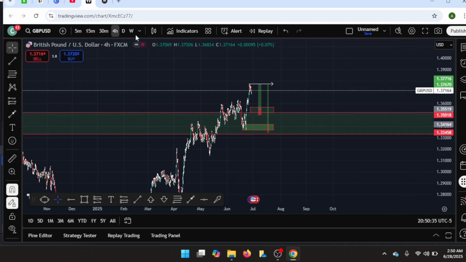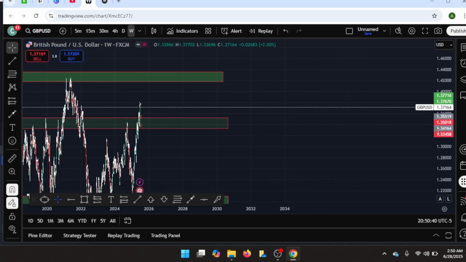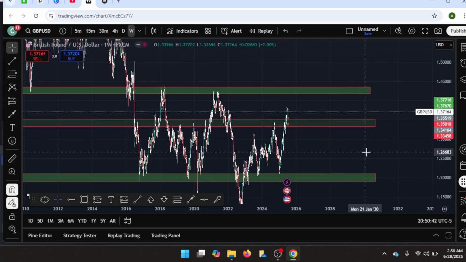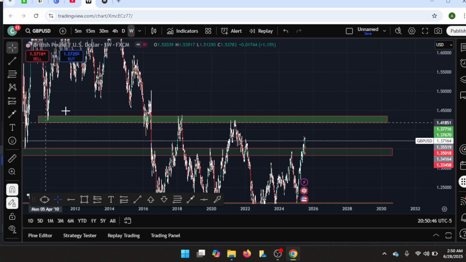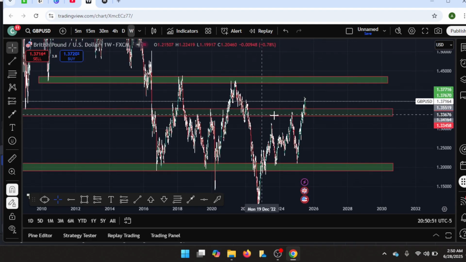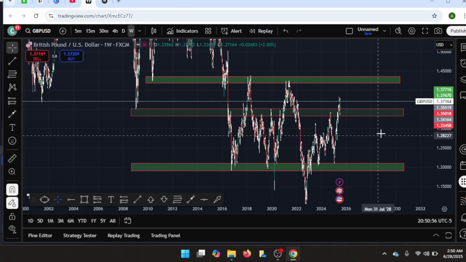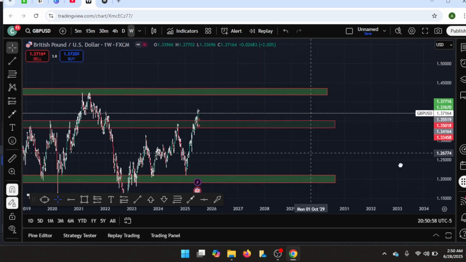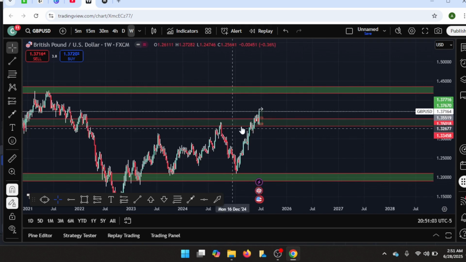In summary, what I did: I went to the weekly time frame and drew my immediate key zones, strong zones. Look at this zone. It's very, very strong. This is the immediate zone. It was tested since 2009. It took about a month or two for the weekly candle to break this zone.